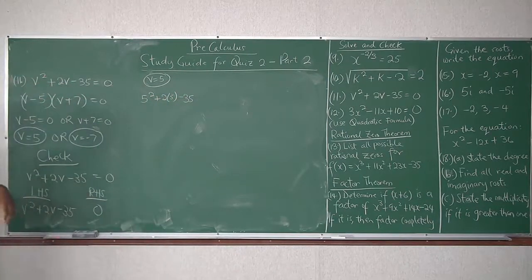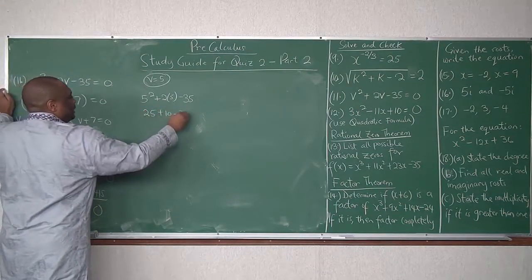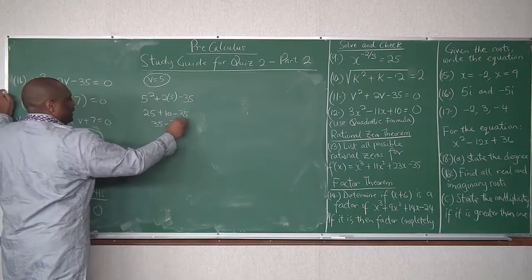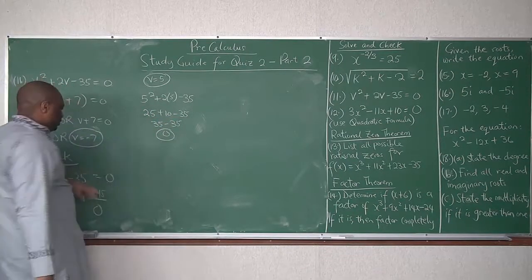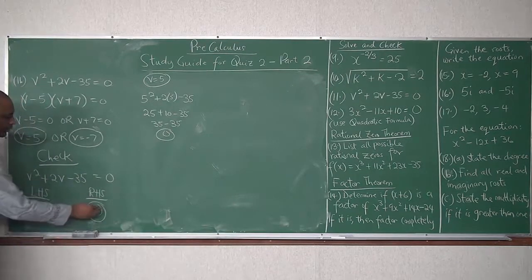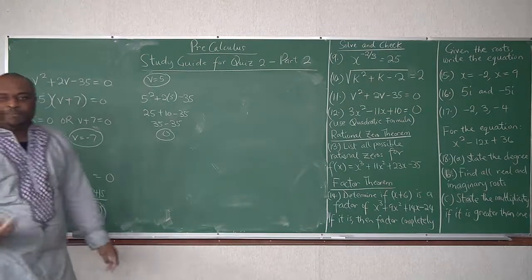So this is 25 plus 10 minus 35. So 35 minus 35, that is 0. 0 on your left, 0 on your right. You eat some vegetables.